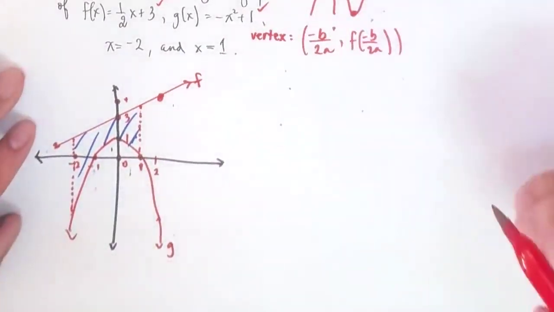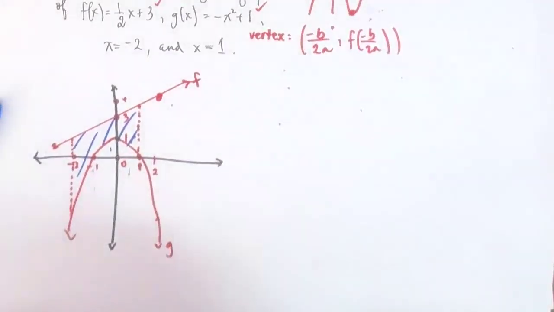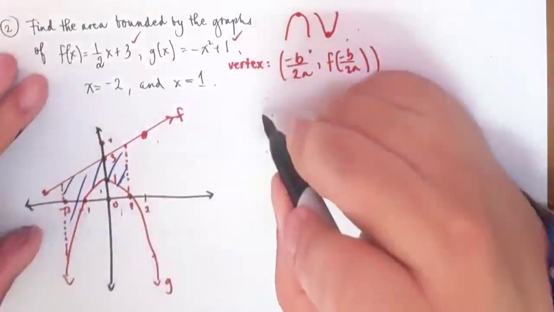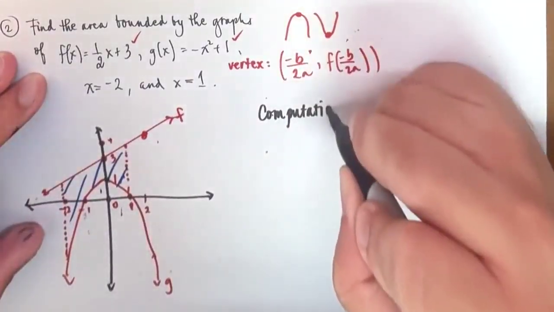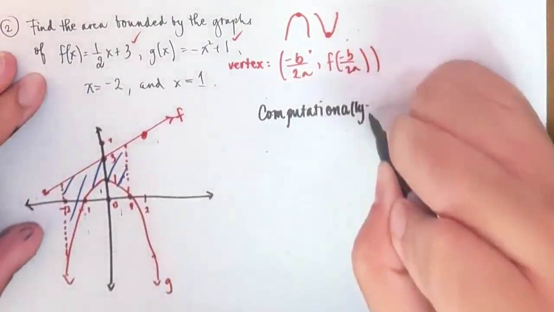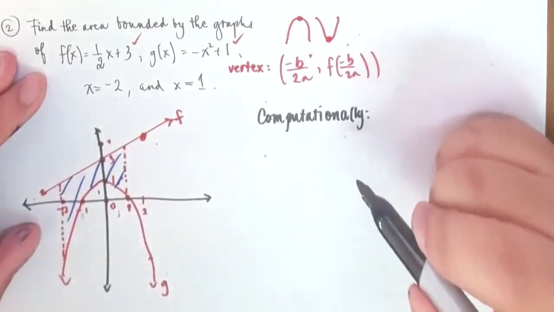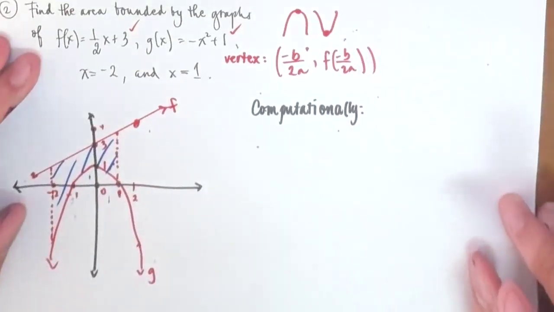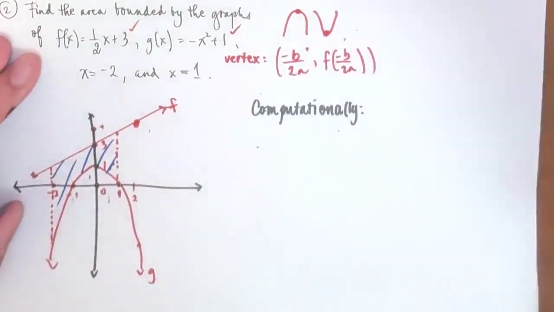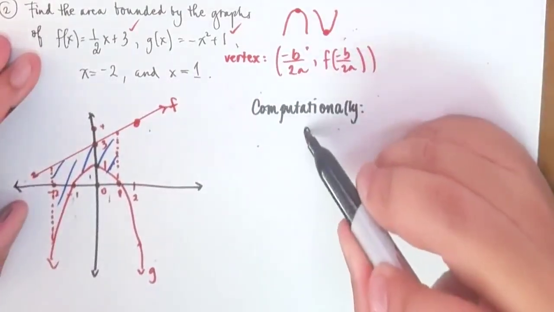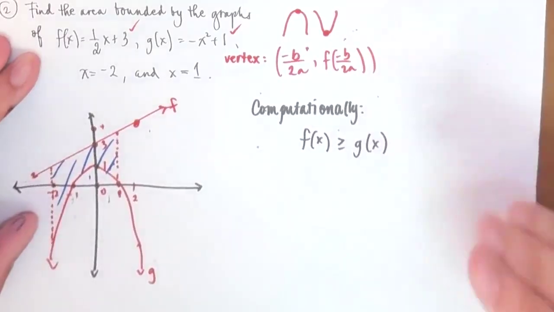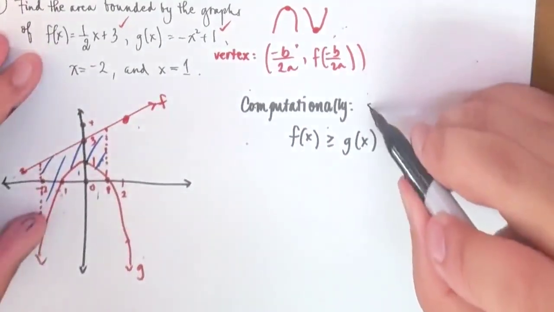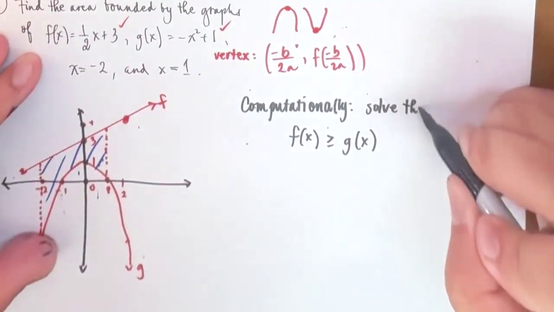So this is graphical. Computationally, what you can do is try to solve for the inequality f of x is greater than or equal to g of x. Solve the inequality.